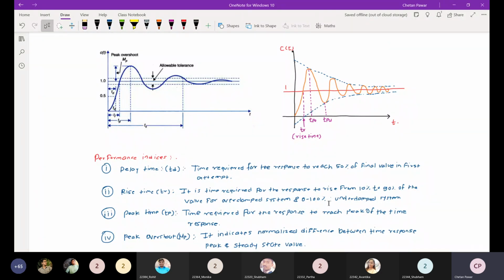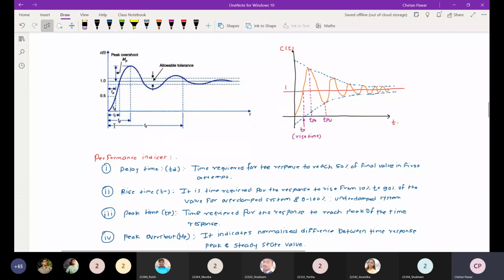For those systems we calculate the rise time from 10% to 90% of the final value. Here TR is the rise time. In the first attempt, the time required to reach the final value, from 0 to 100%, 0 to 1, is the rise time.